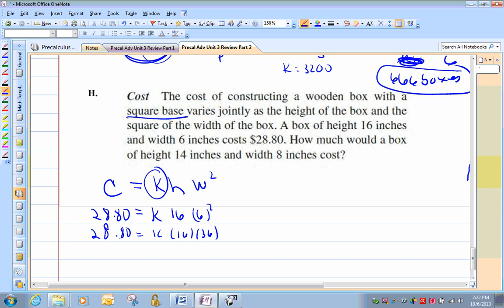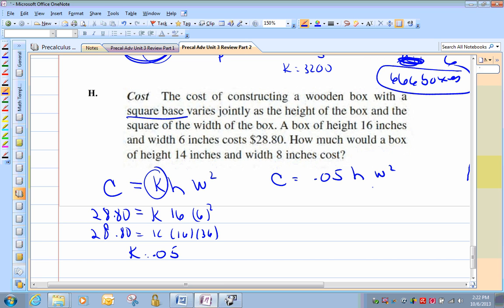In your calculator, you could go 28.8, divide by 16, hit enter, and then divide again by 36. And when you do, you're going to get your constant is 0.05. So our model is C equals 0.05 H W squared.